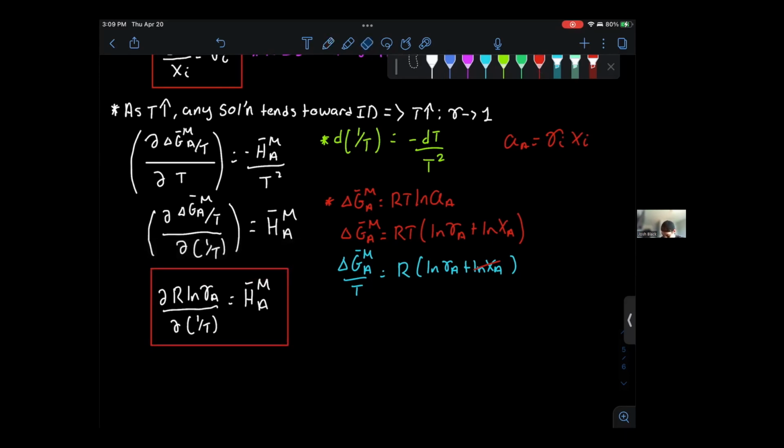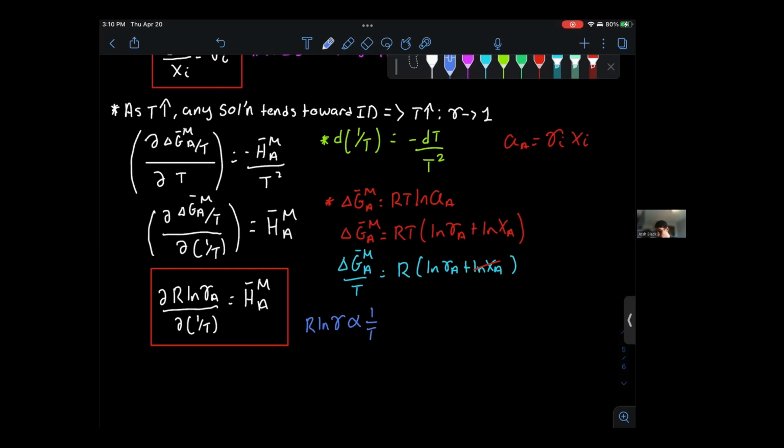And this is a gamma term. What this shows is that our R ln of our activity coefficient is proportional to 1 over our temperature.